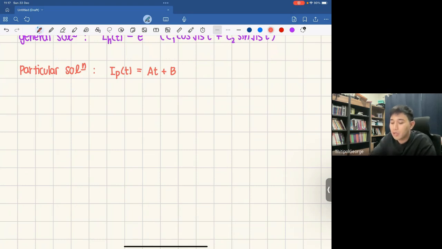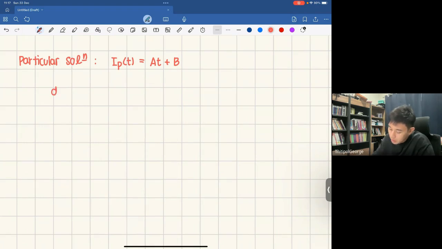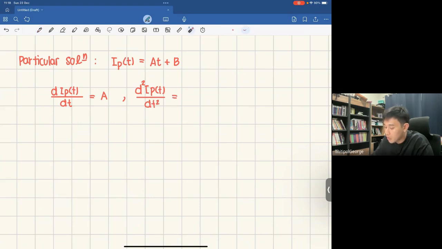So let me compute the d ip by dt. This one is going to be a, right? And then d squared ip by dt squared: you are differentiating a constant, so you get 0.